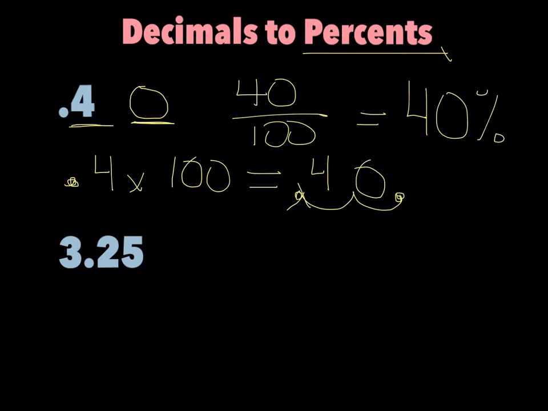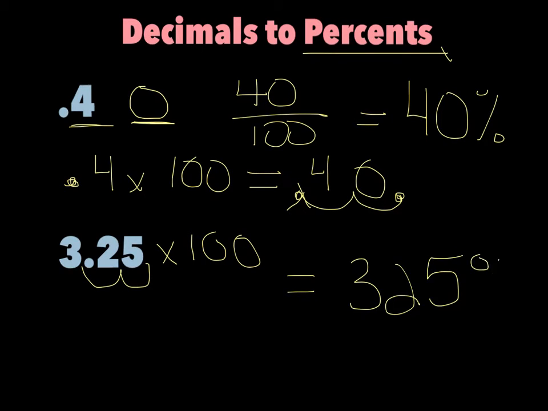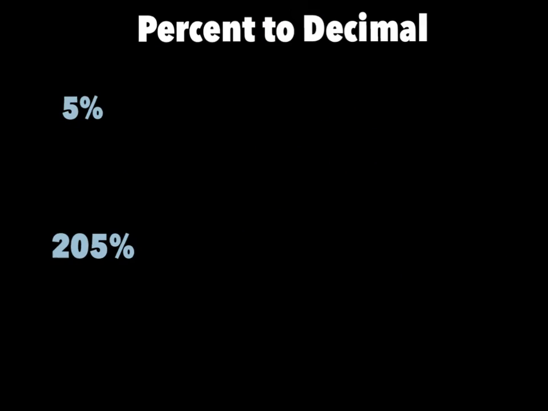Okay, in this next one, you can think of this again as multiplying by 100, which will move our decimal 2 place values, which will give us 325%. And yes, you can have over 100%. Think about that this 3 represents 3 wholes, so it has to be over 100, because you have 3 wholes and 1 whole is 100%. Then you have 25 of that 100, which gives you the 325%.